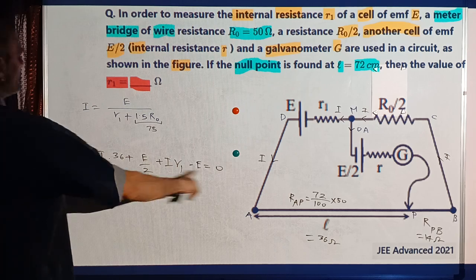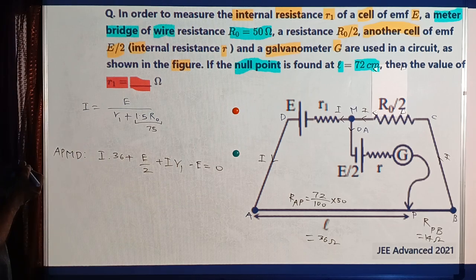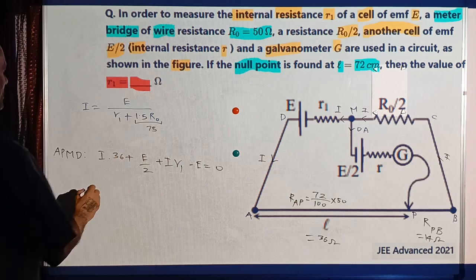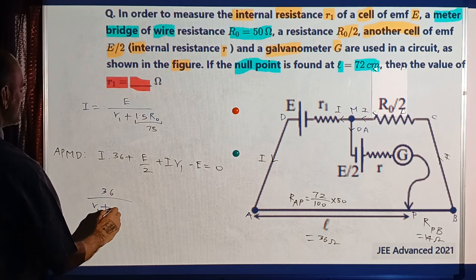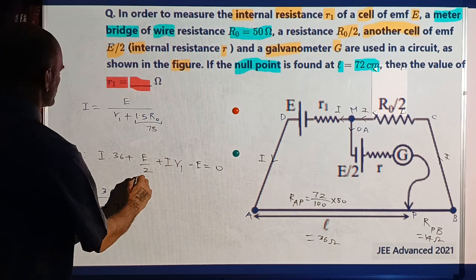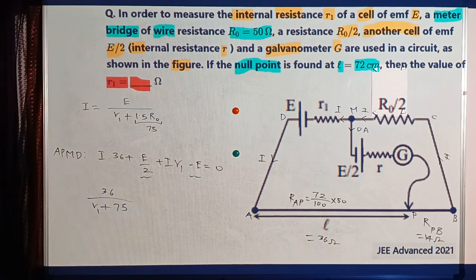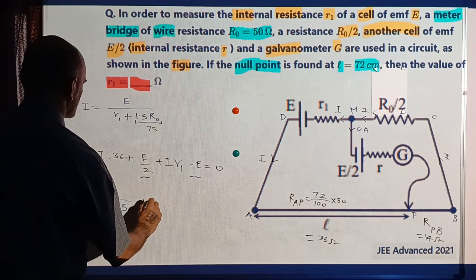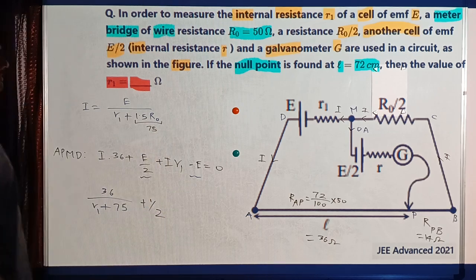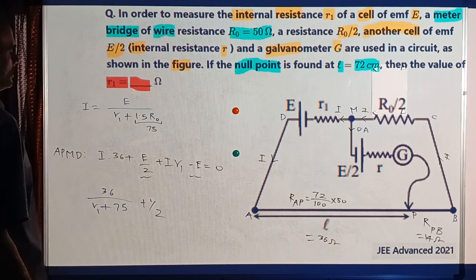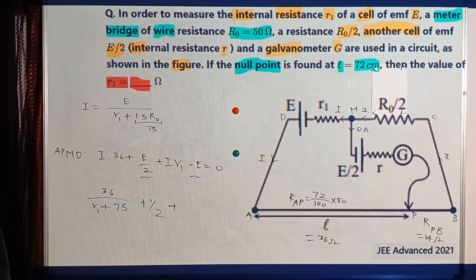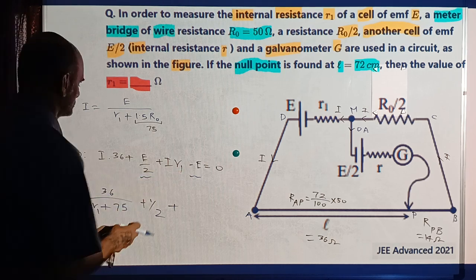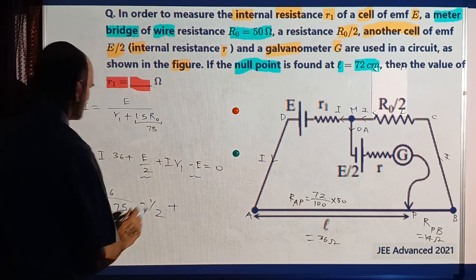So if you put this thing, E will cancel throughout. So what you get is 36 by R1 plus 75. And these two we can combine as E by 2 plus E by 2, and E will cancel. So we'll have plus half, and then IR1, it's minus half.